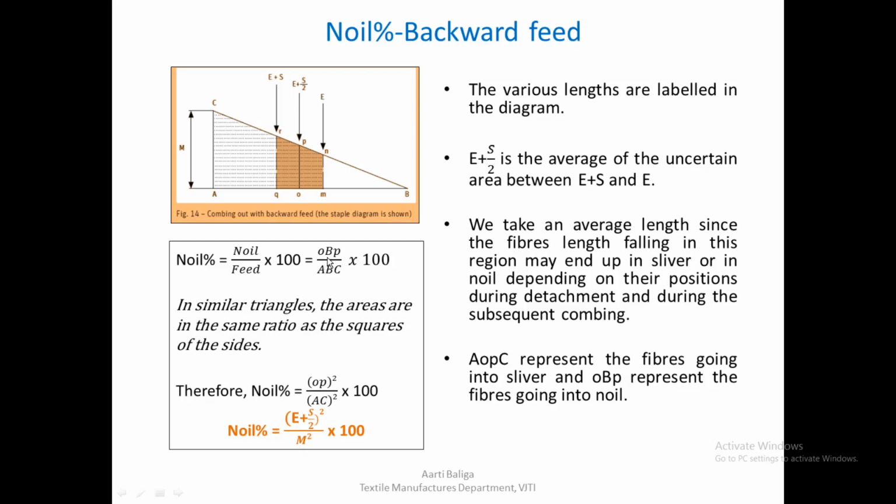So with this particular OBP, I can say that it is OP square divided by AC square, since both these triangles are similar, multiplied by 100. Now OP square is nothing but E plus S by 2, the whole square, and AC is the maximum length, M, square, multiplied by 100. So this would be our final formula for Noil percentage in case of backward feed.